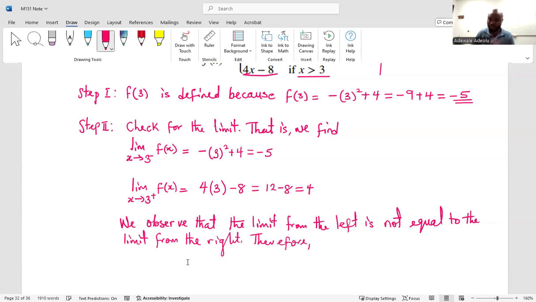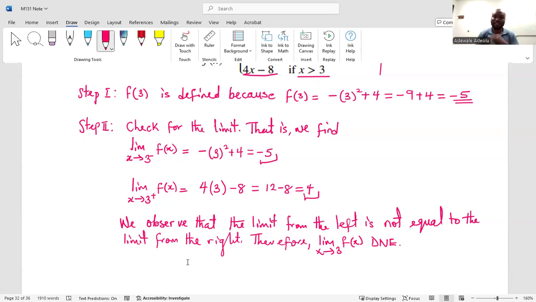So, therefore, you know what our conclusion means there? What that tells us is that the limit as x goes to 3 of f of x does not exist. Because if it exists, this real number and this real number must be the same thing.